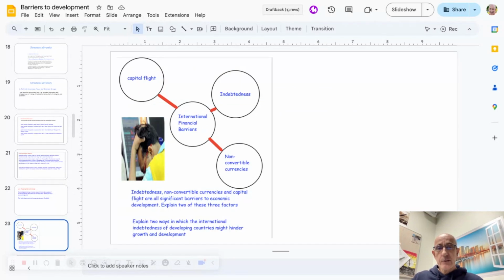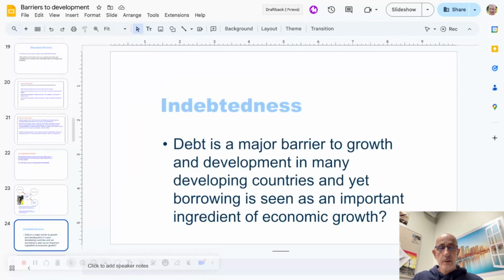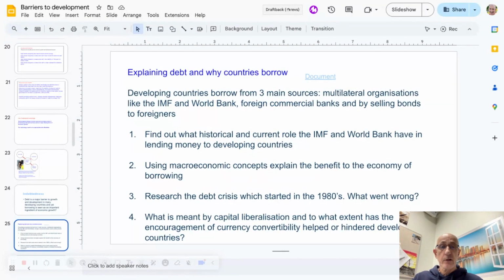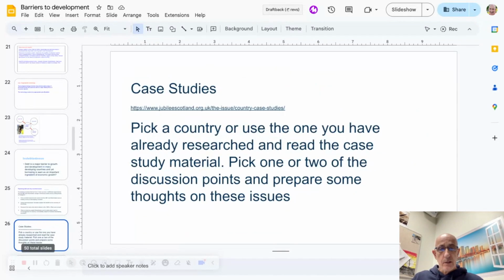There's financial issues in terms of indebtedness, capital flight, and currency conversion. So debt has been a major factor, and you've probably studied that in detail, the debt crisis from the 1980s, and the hangover that still applies with many African countries that exist today. And it makes life very difficult.